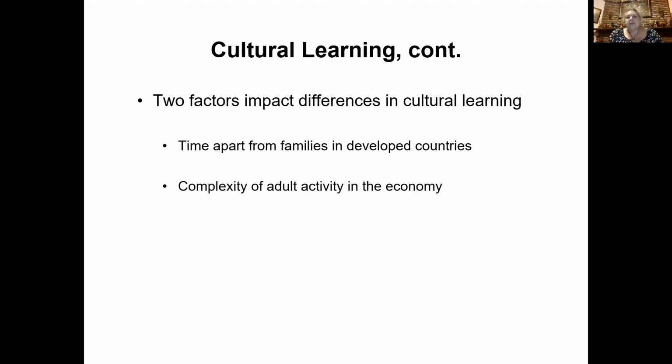Two factors are very important that demonstrate differences in cultural learning between developed and developing countries. And the first factor would be time apart from families. In developed countries, we see children in early childhood spending a great deal of time away from their family.